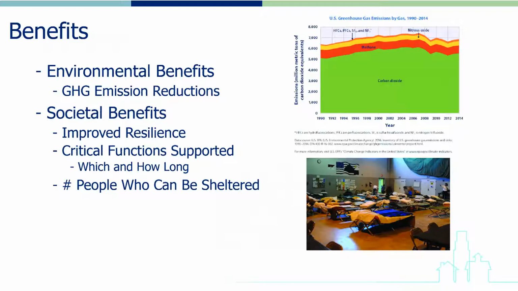In addition, what critical functions will the microgrid support during an electric service outage and for how long? And how many people will the proposed microgrid be able to shelter during times of emergency? All these considerations will form part of the cost-benefit analysis that will be undertaken during the feasibility study phase.